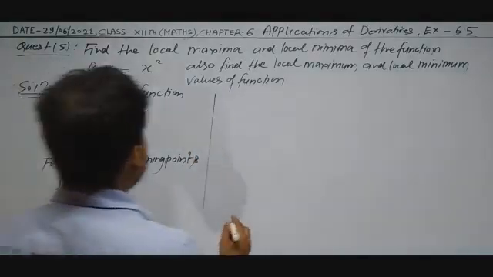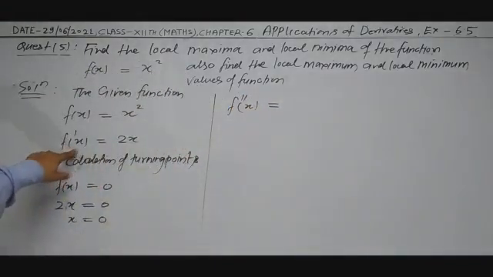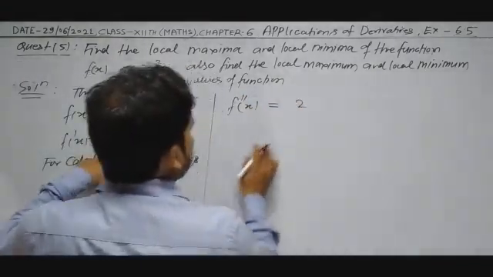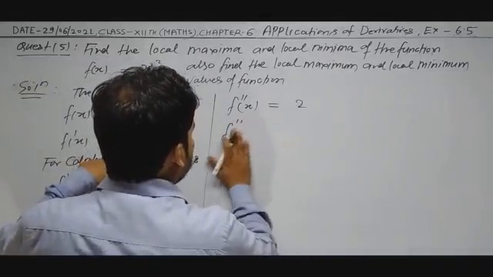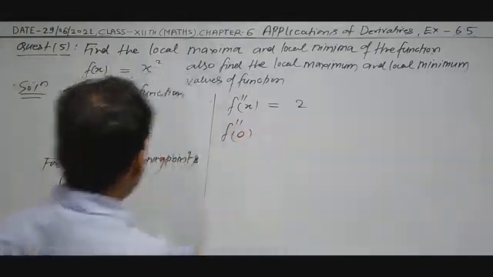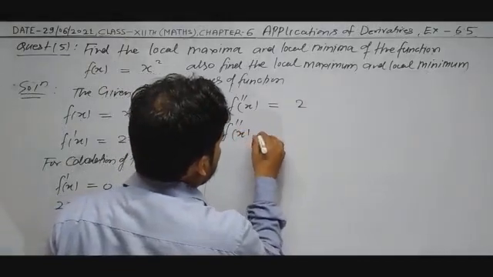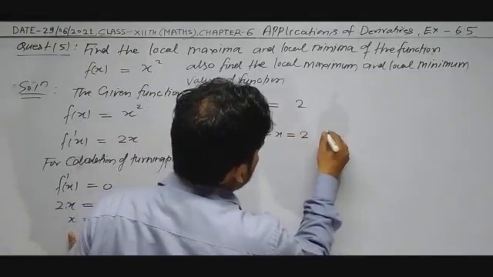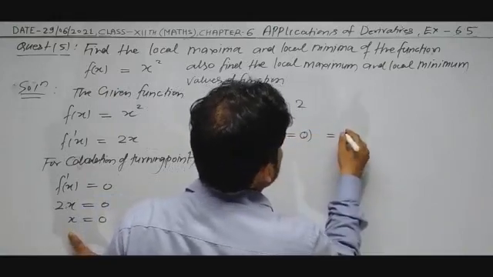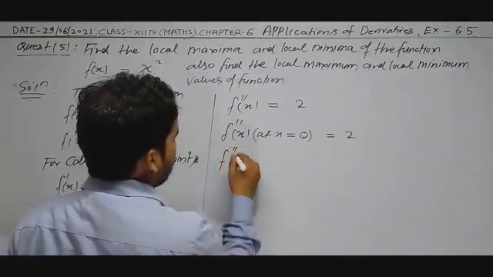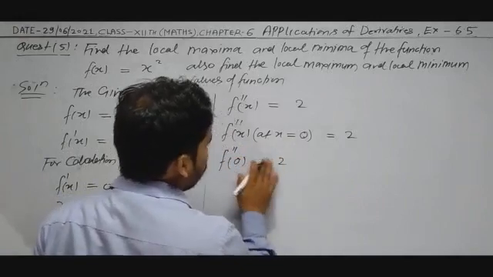So now you will calculate f double dash x, meaning the double derivative. This result you will get is 2. And f double dash at x = 0, that is 2, the same result.